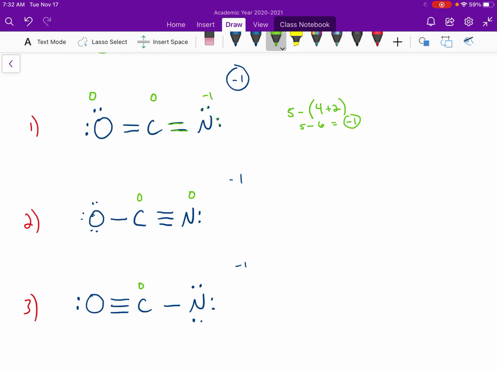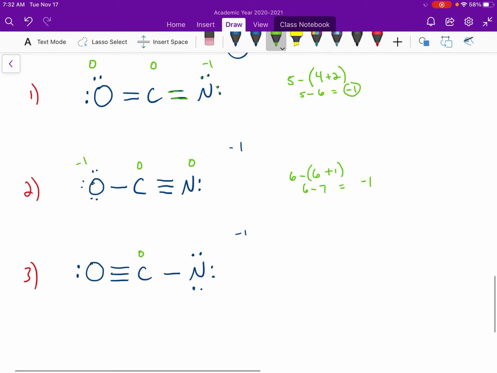Second one. This one. Now we do the oxygen. Valence of 6. Minus the 6 electrons that it has on its own, plus half of what it has bonded. And if it has 1 bond, that means that there's just 1 electron there. 6 minus 7, -1. The oxygen's -1 over here. Down at the bottom, we got to do both the oxygen and the nitrogen.